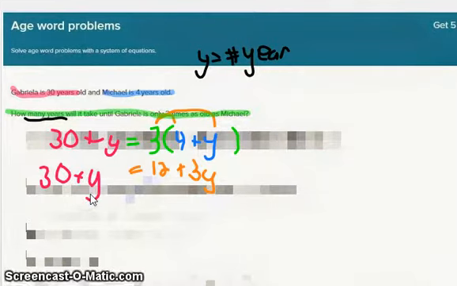Now it's time to combine it. You want all your y's on one side and all your constants on the other. Multiple people go at this differently. I prefer not working with negatives, because that's where I will mess up doing simple math.